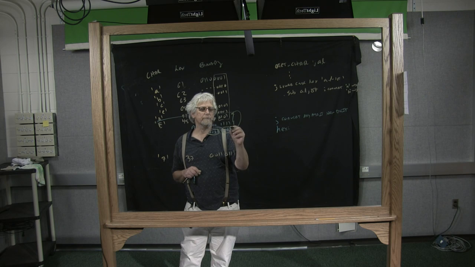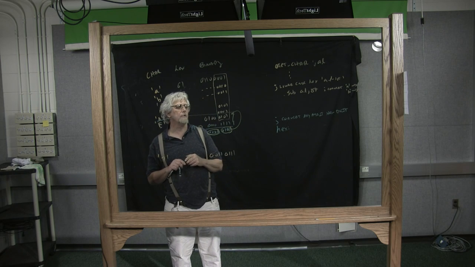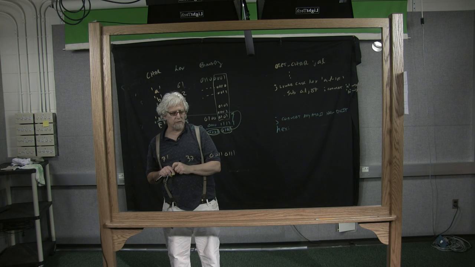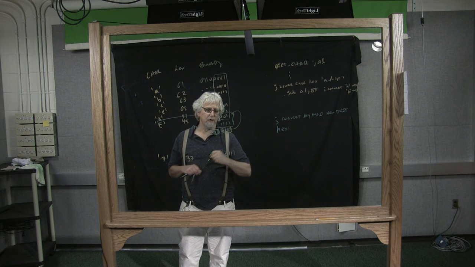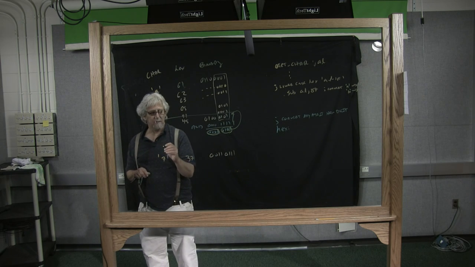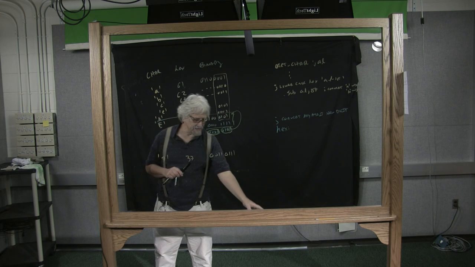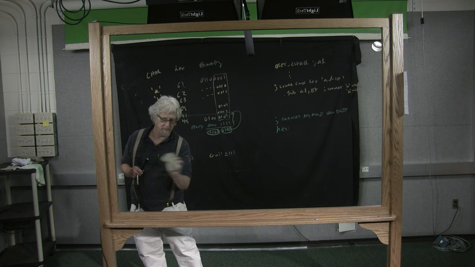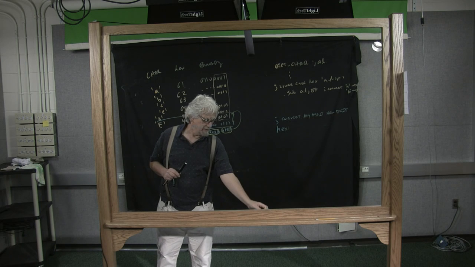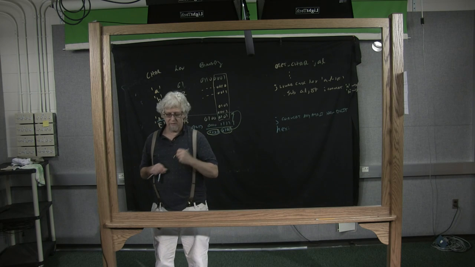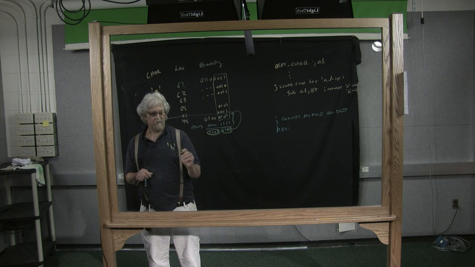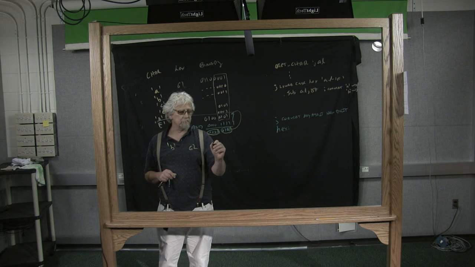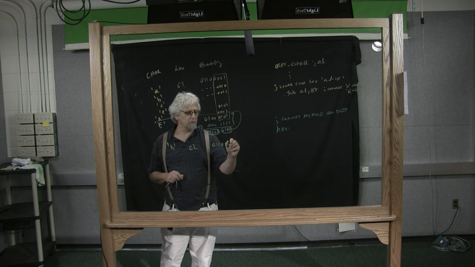So if I took B and ANDed it with 1111, let's try that. I'll erase my 7 here. I take a lowercase b. Lowercase b is hex 62, which is 0110 0010.